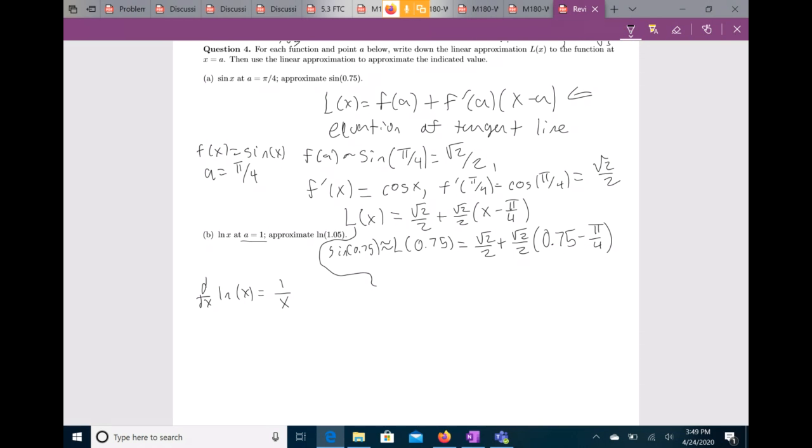And then since a is 1, we plug 1 into the function and its derivative, right? So ln of 1 is what? Good. And f prime of 1 is 1 divided by 1, or just 1.